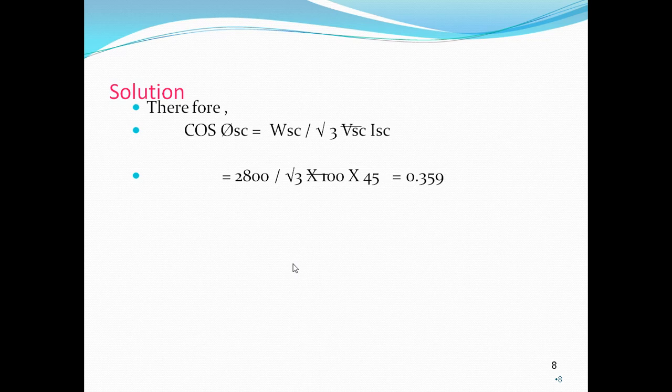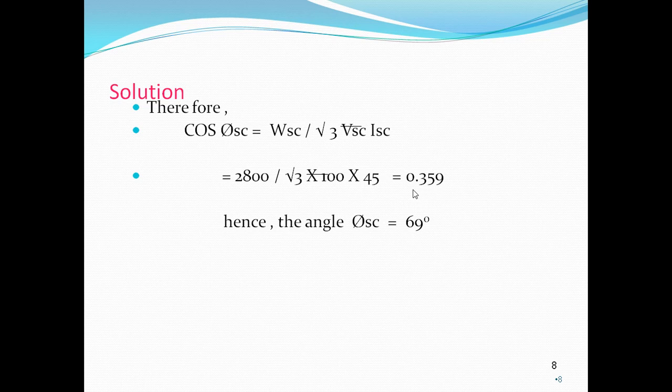So that is 2800 by root 3 into 100 into 45. Which gives a value of, does everyone have a calculator? Do this one: 2800 by root 3 into 100 into 45. What is that value?